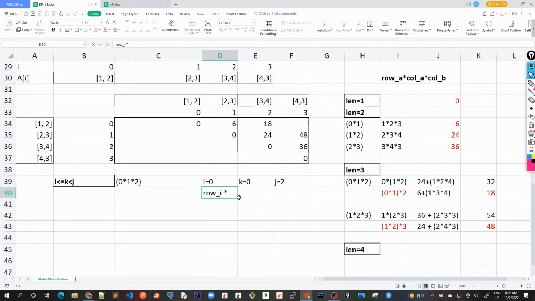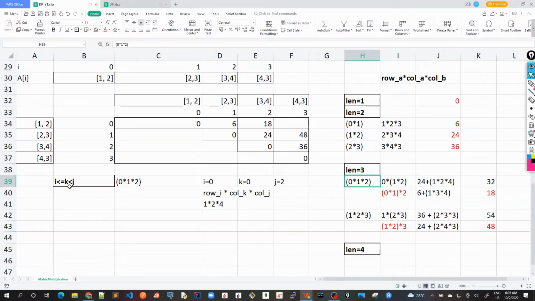So it would be rows of i multiplied by columns of k multiplied by columns of j. If we take this, it's the same as 1 multiplied by 2 multiplied by 4. Okay, so this covers 0, 1, and 2.